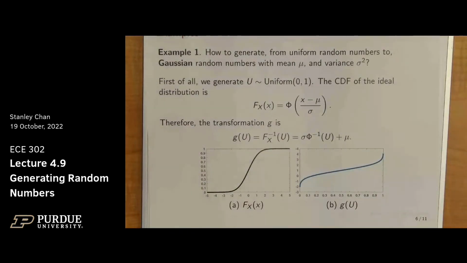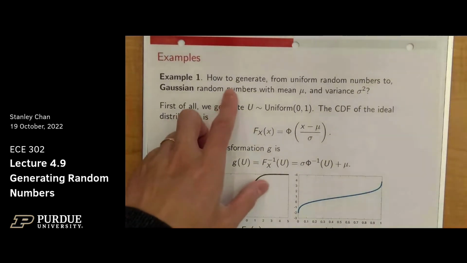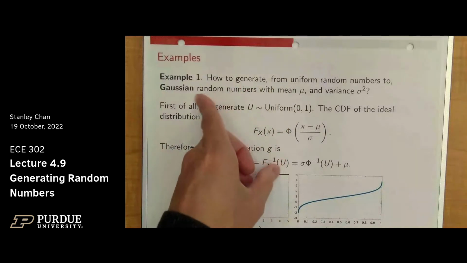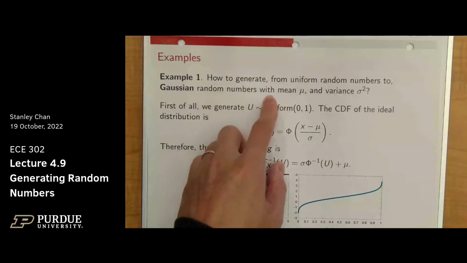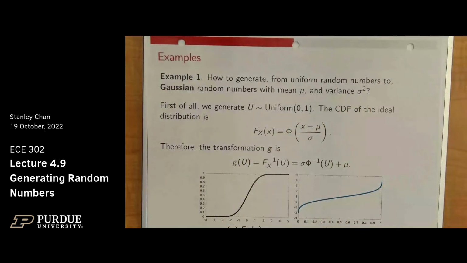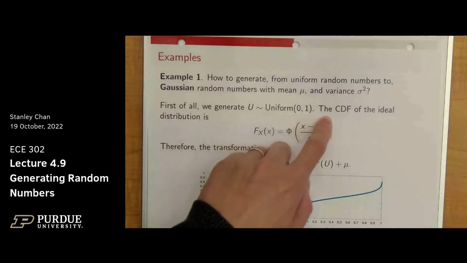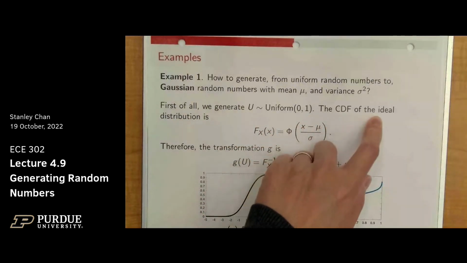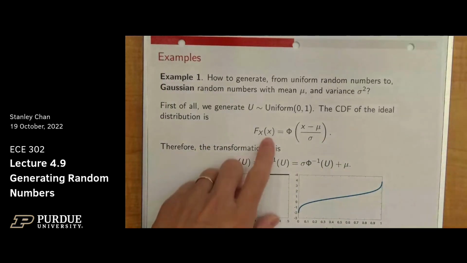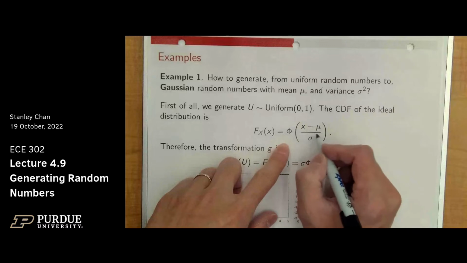So here is an example. Suppose I want to generate the Gaussian random variable, okay, with mean mu and variance sigma squared. So how do we do that? Well, we start with the uniform random variable between 0 and 1, and then the CDF of this distribution will be fx equals this standard Gaussian phi of x minus mu divided by sigma.